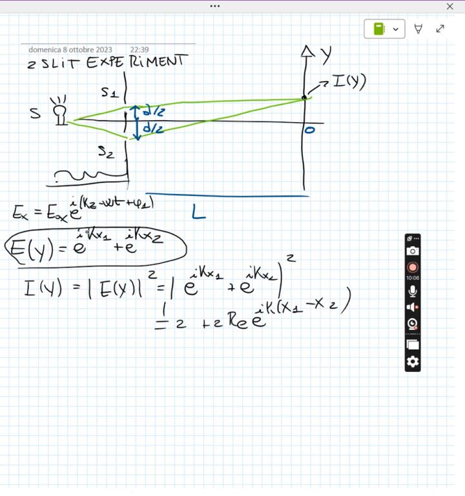An important thing to notice is that at a generic point on the y-axis we have two contributions.